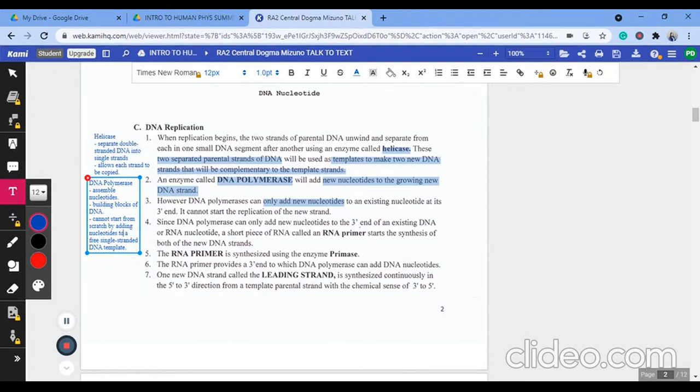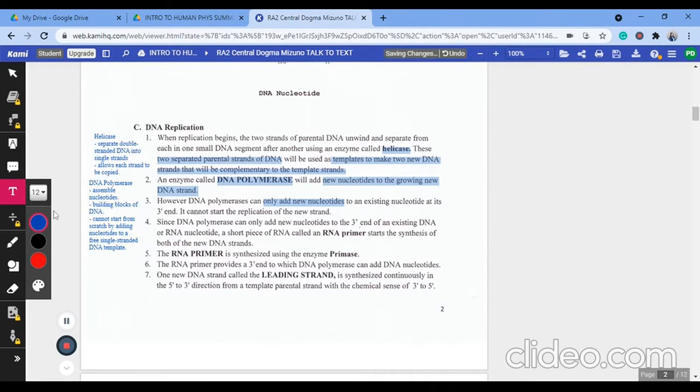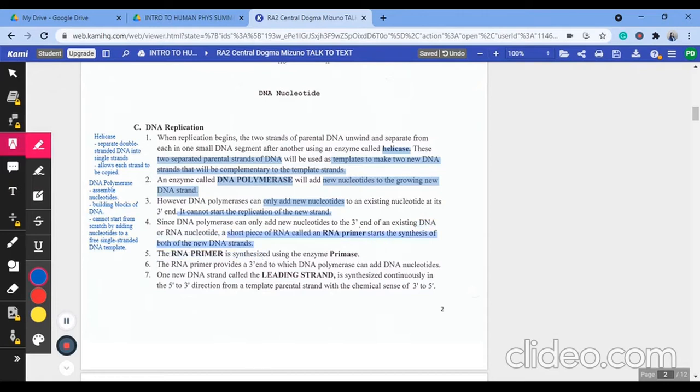Okay, moving on. Since DNA polymerase can only add new nucleotides to the 3' end of an existing DNA or RNA nucleotide, a short piece of RNA called an RNA primer starts the synthesis of both of the new DNA strands.